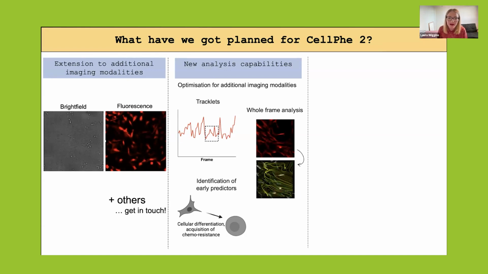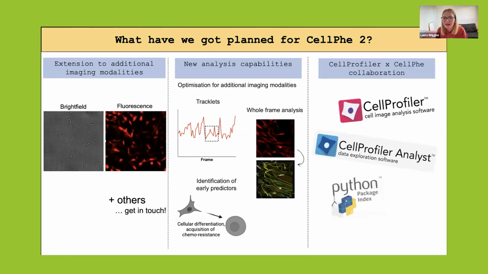And we also want to enable identification of early predictors, so that you can say from your time series that if a particular cell acts this way at the start of the time series, it's likely that they will perhaps acquire drug resistance, or they may go on to differentiate into a different cell. So we want to improve the types of biological analysis that you can get from your data sets.